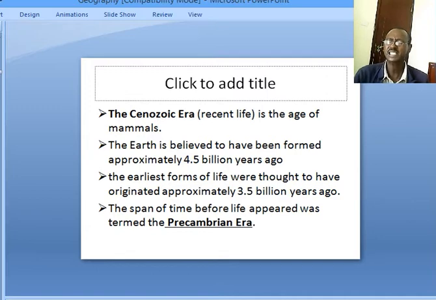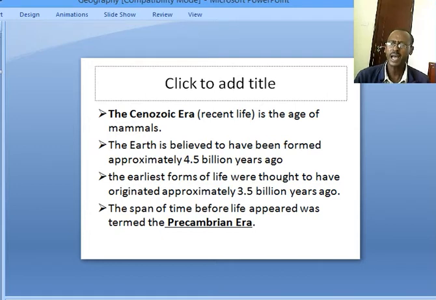So the earth, according to geological study, is believed to have been formed approximately 4.5 billion years ago. Look how old a planet it is. The earliest forms of life were thought to have originated approximately 3.5 billion years ago.